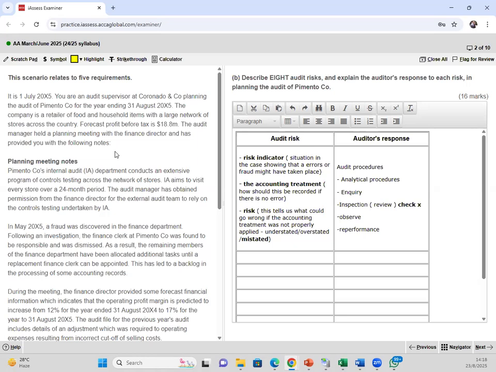The audit manager has obtained permission from the finance director for the external audit team to rely on the controls testing undertaken by internal audit. Is there a risk there? What do you think?